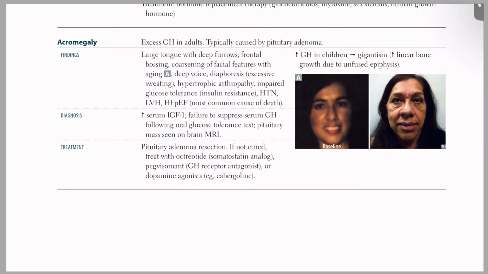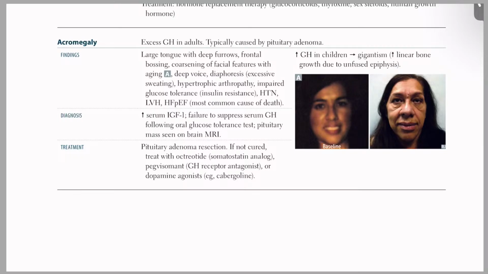Diagnosis of acromegaly: increased serum IGF-1, failure to suppress serum growth hormone following oral glucose tolerance test, pituitary mass seen on MRI. Okay. Treatment: pituitary adenoma resection.